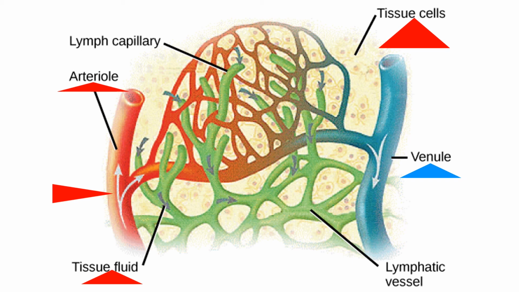In addition to that, if foreign bodies are found in this place between tissue cells, or large molecules are there, or anything that veins cannot pick up, we have another system called the lymphatic system.